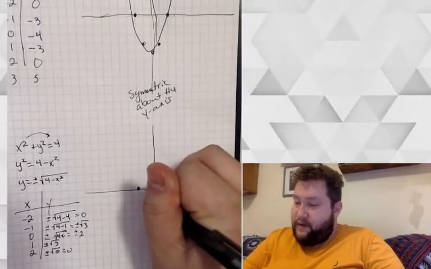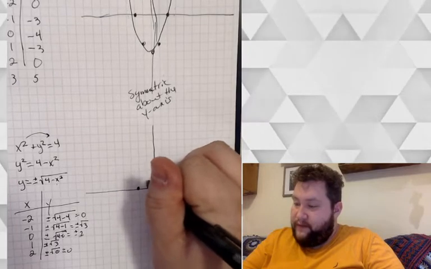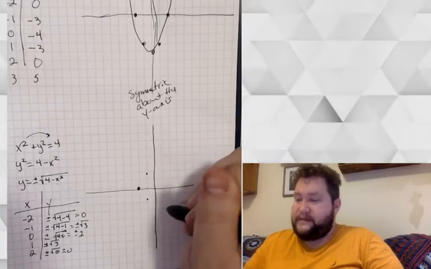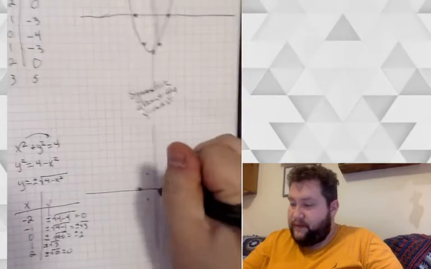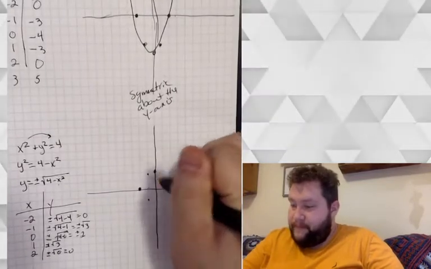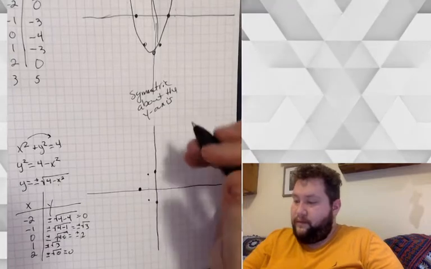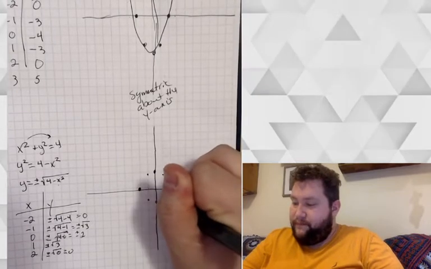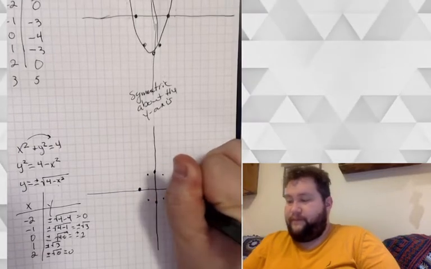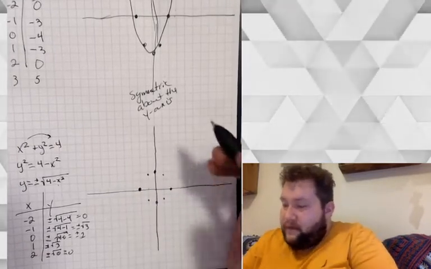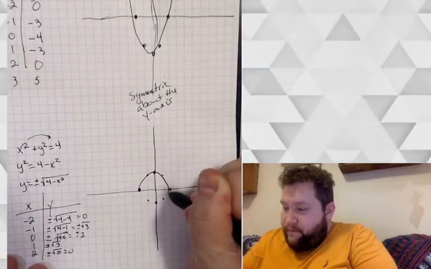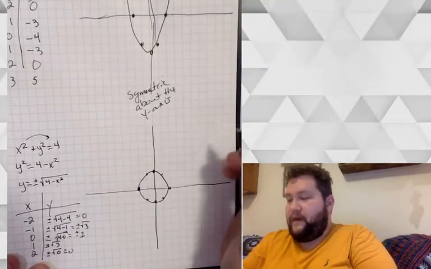At -1, we go up 1.7, we go down 1.7. At 0, we have plus or minus 2. At 1, we have plus or minus 1.7. And at 2, we have 0. And so now what we have is an oval.